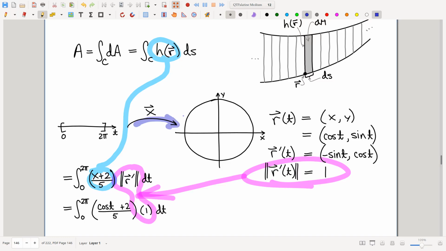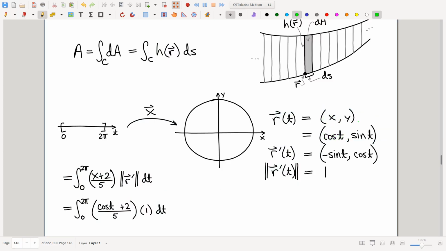The parameterization explicitly tells me, for example, that x is cosine t. And so that x right there is cosine t. All good? Everybody's happy? Okay. All right.